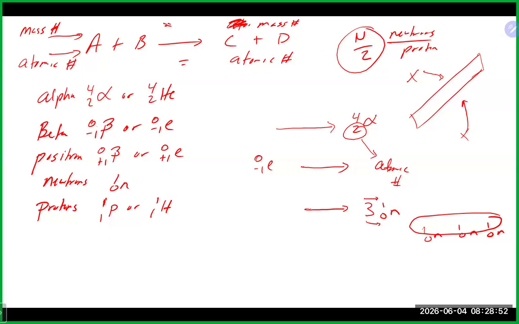And the way it does that is the thing will go through some type of radioactive decay. Depending on if you're too high or too low will determine what happens. If you're too high, you will do a beta decay to bring yourself down.